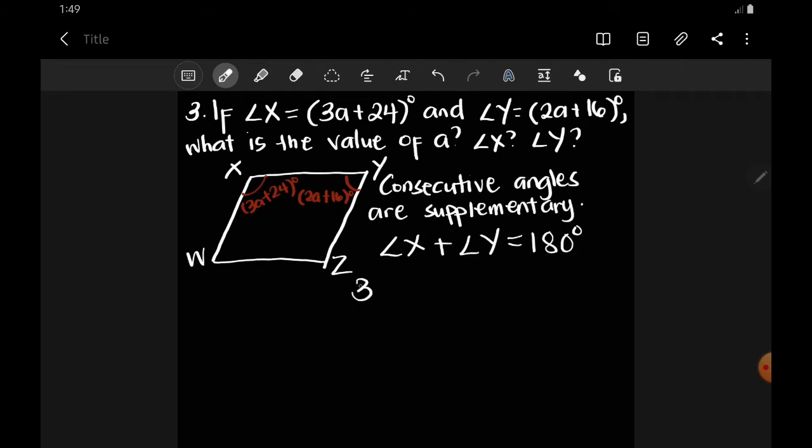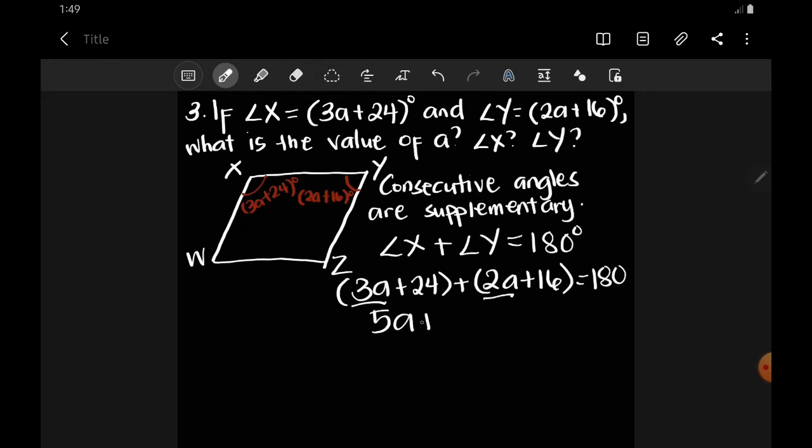So we're going to have 3A plus 24 plus 2A plus 16 equals 180. And then combining all like terms. So 3A plus 2A, that would be 5A, plus 24 plus 16, so that would be 40, equals 180.